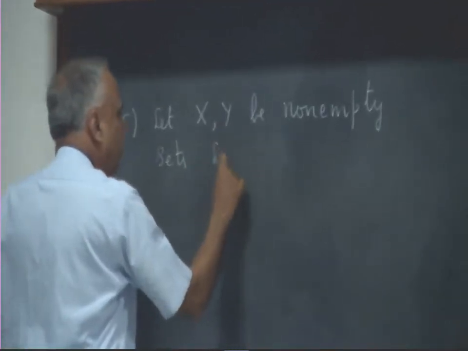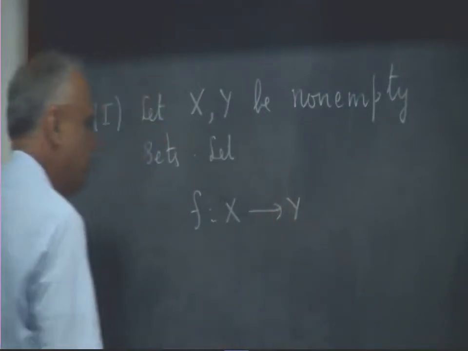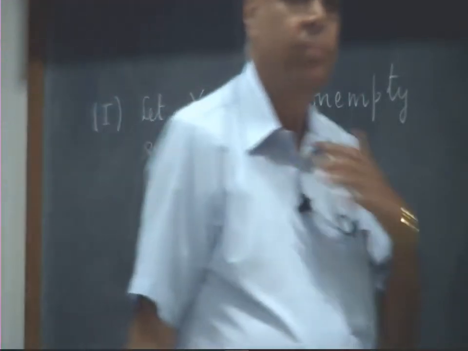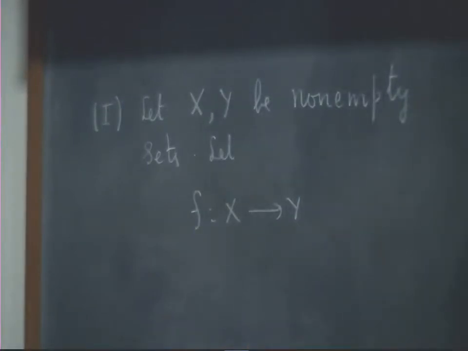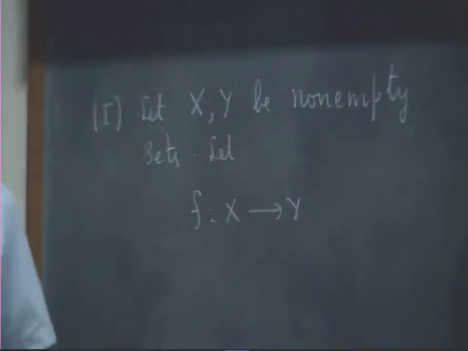Let f mapping X to Y be a map from X to Y. It's a code which codes X elements as Y elements. Then we know that if we want to get an inverse transformation, then f must be both one-one and onto, what's known as bijective.